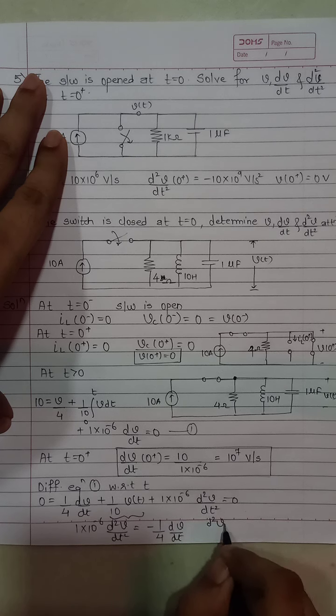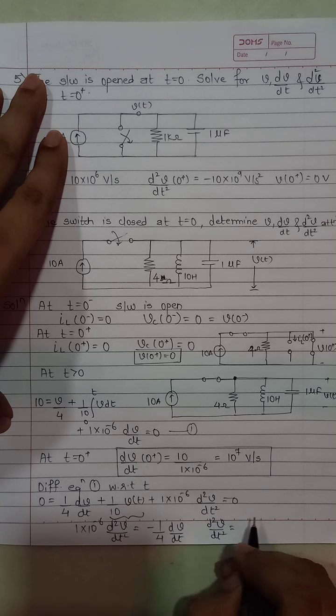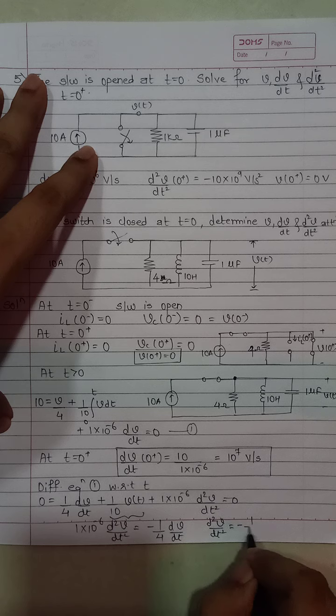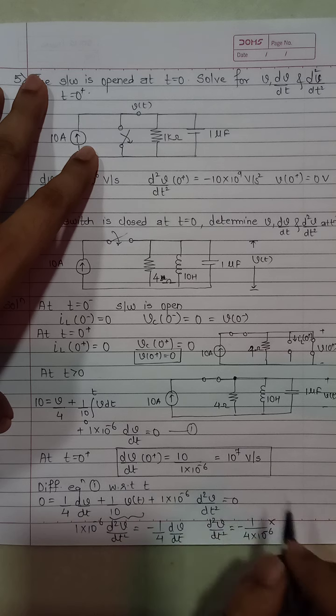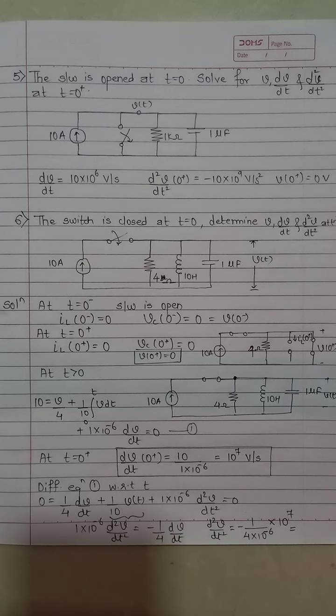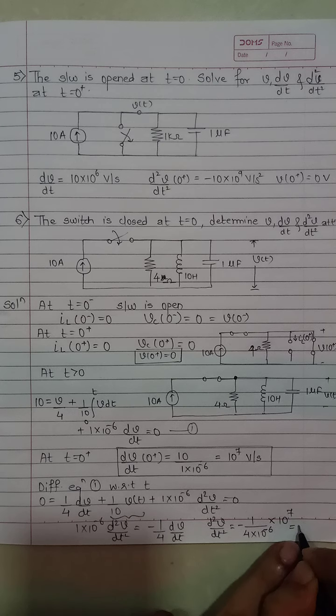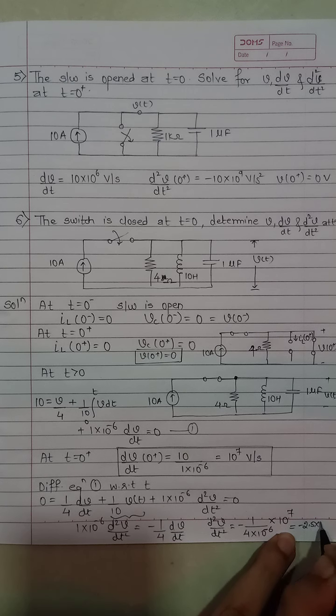I can say d square v by dt square is minus 1 upon 4 into 10 raised to minus 6 into dv by dt at 0 plus is 10 raised to 7. So the final answer will be minus 2.5 into 10 raised to 12 volts per second square.